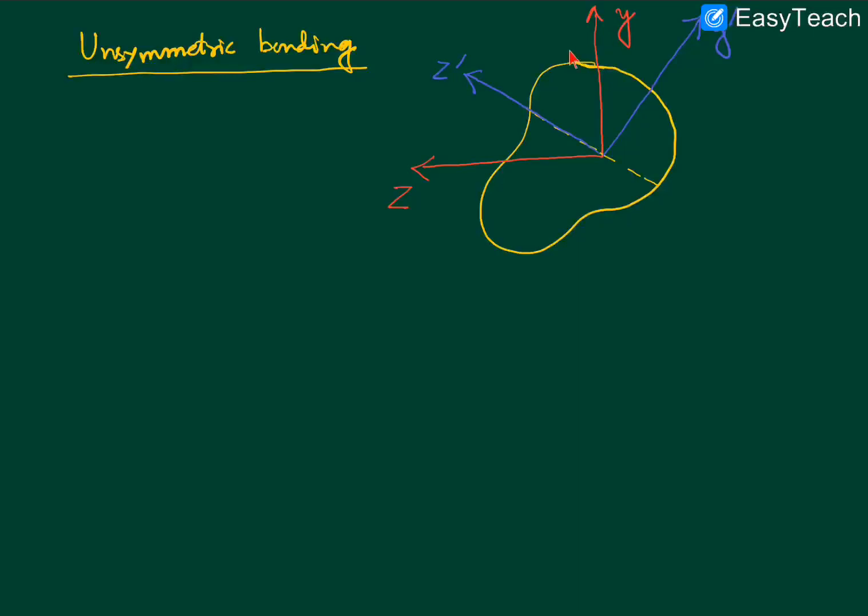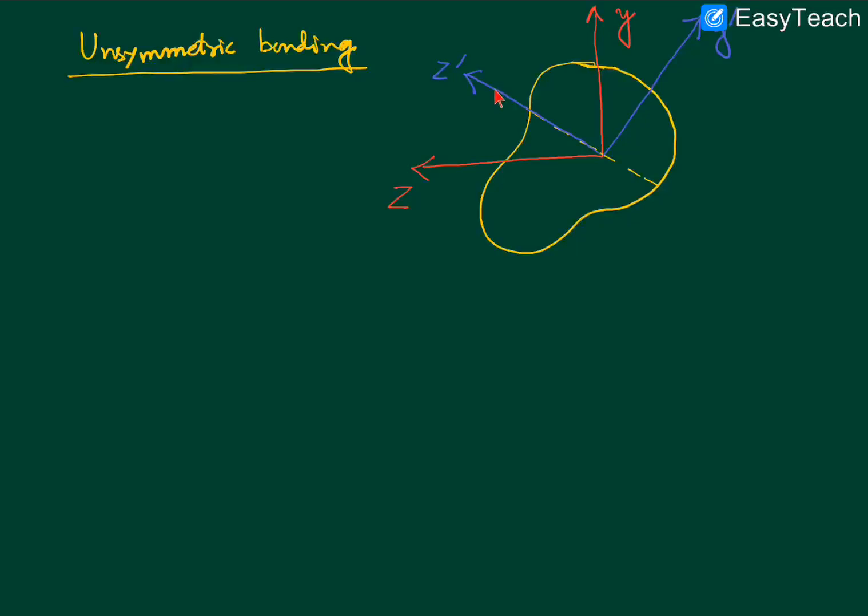The sigma xx that will emerge from this cross section, denoted by arrows pointing either into the plane or out of the plane, will have some sort of linear distribution about the z dash axis.